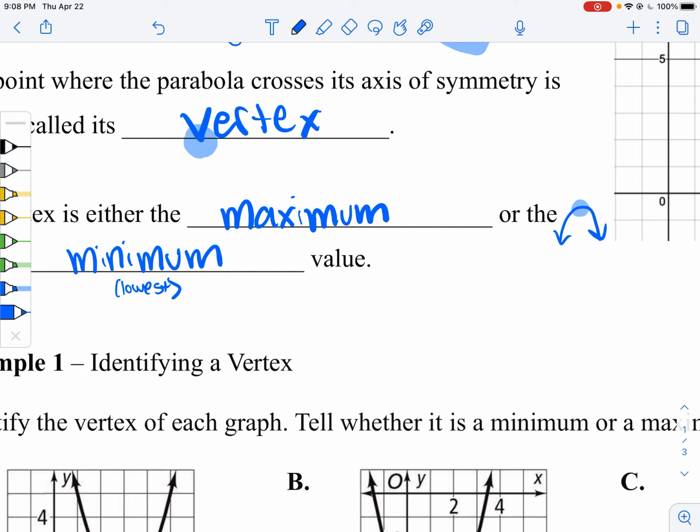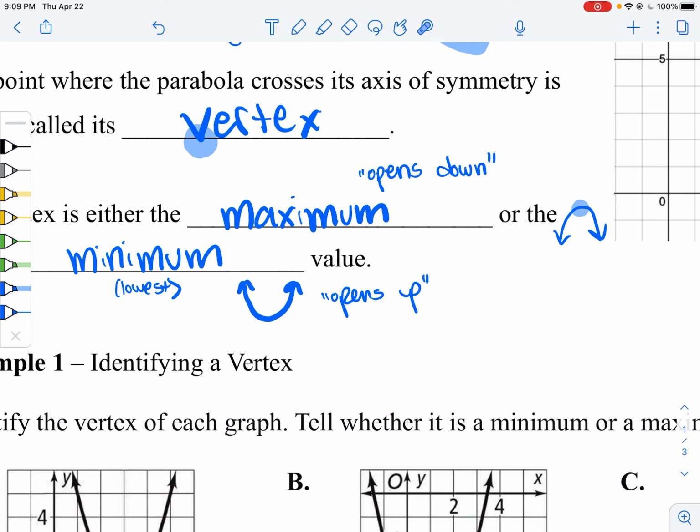If it opens down, then the vertex is a maximum. If it's like a cup that could hold water, we say that it opens up.